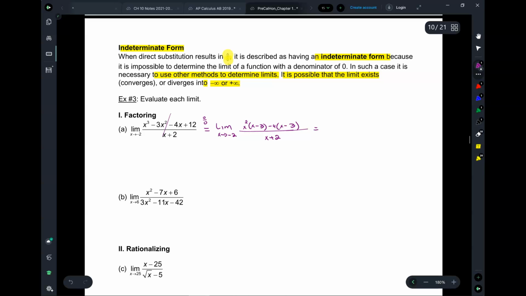Let's factor some more. This is the limit as x approaches -2 of x squared minus 4, x minus 3. Okay, I'm starting to see something here. Let's factor some more.